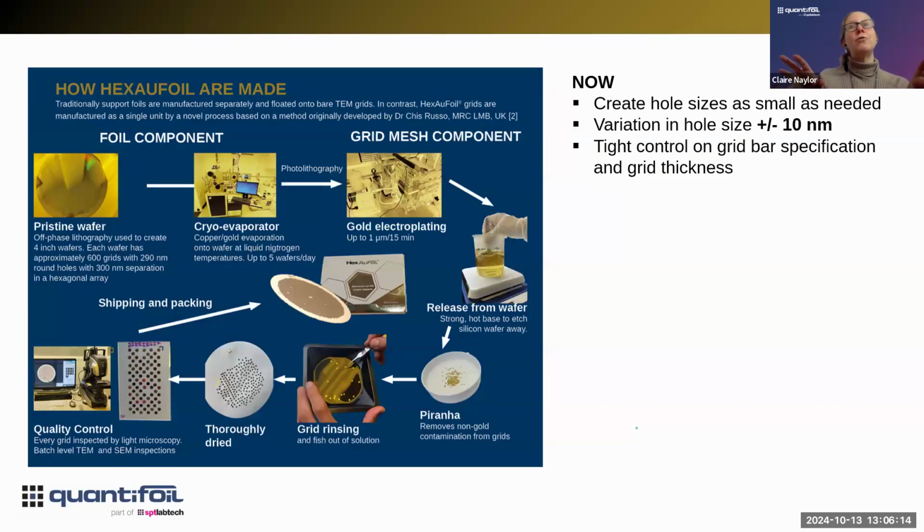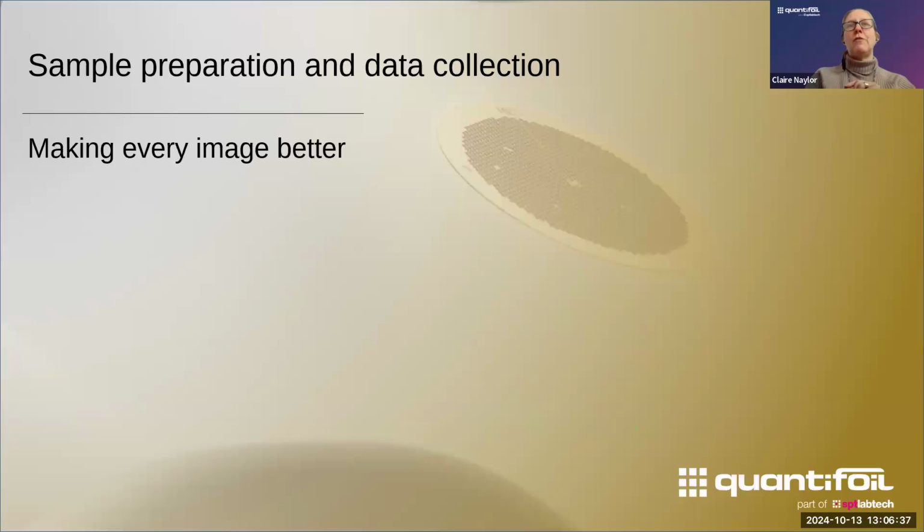We can go down to holes as small as we need, but even more important, our variation in hole size now is plus or minus 10 nanometers. So every grid now is the same in a way that it fundamentally wasn't, which gives you consistency. And that's really the most important thing about these grids, as I'm going to show you: they're consistent in a way that traditional grids just haven't been.